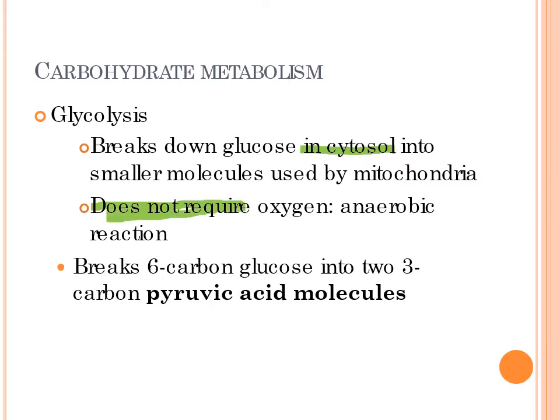The rest of it, the citric acid cycle and the electron transport chain, do require the presence of oxygen. But glycolysis is anaerobic. It breaks down a 6-carbon glucose into 2 3-carbon pyruvic acid molecules. And then the pyruvic acid is further broken down to pyruvate, and pyruvate can then be broken down further and enter the citric acid cycle.